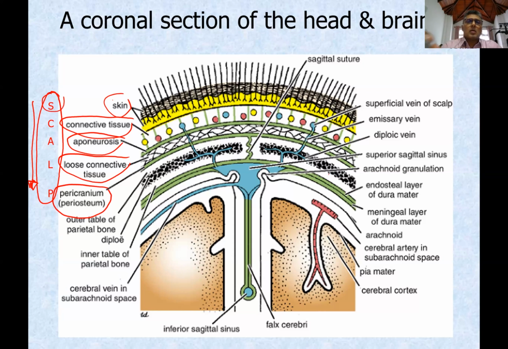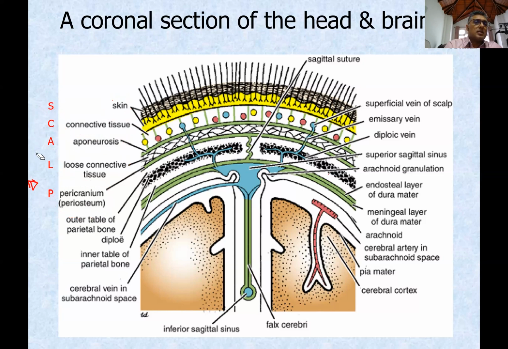So the scalp lacerations that I was talking about before, if you hit the head against hard surface, you can get scalp lacerations which you will have to suture. Otherwise, there will be a lot of bleeding. You call it profuse bleeding because there is a good blood supply to the scalp with a lot of anastomosis between many arteries.